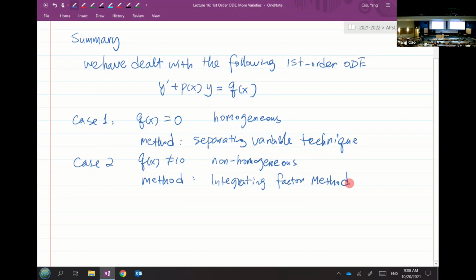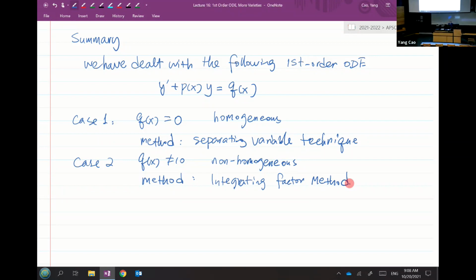So let's take a look at one more example regarding this integrating factor method, and then we can get on to a greater variety of first order ODE.